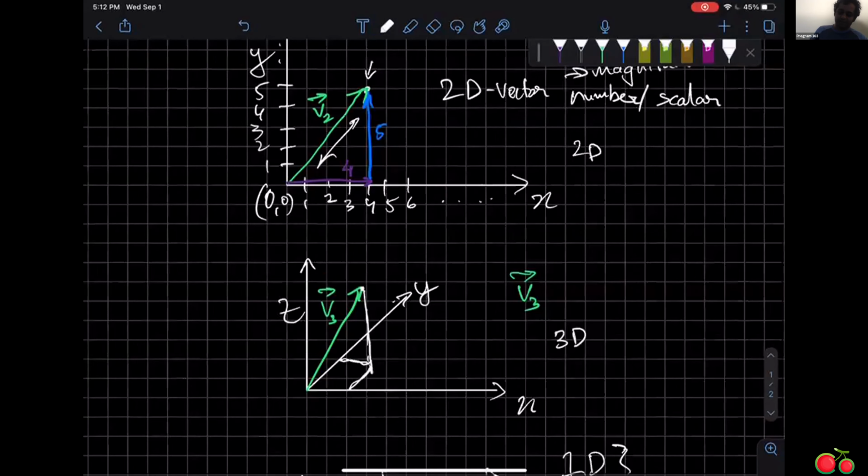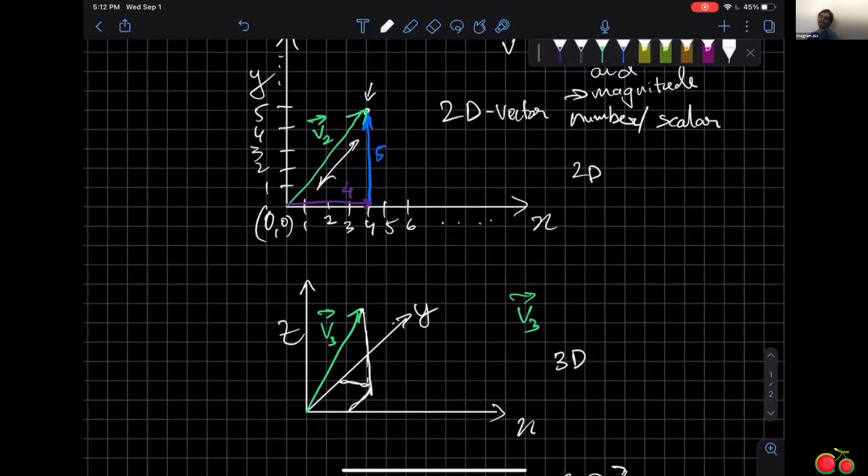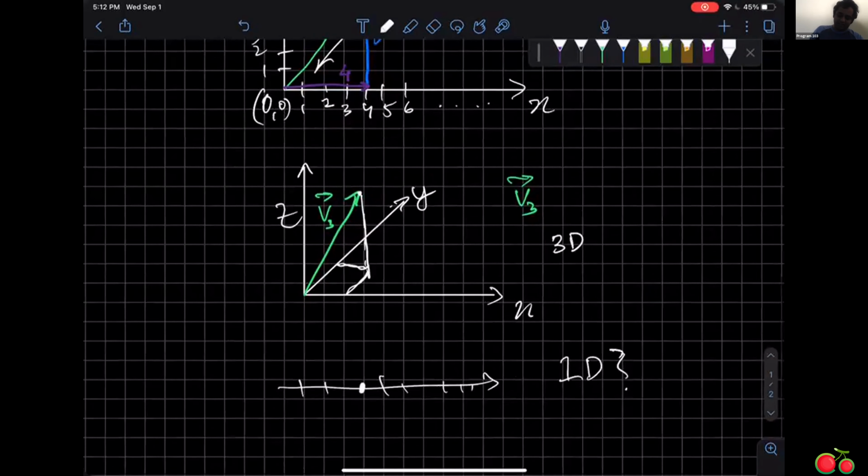Here we were talking about taking steps in the x direction, taking steps in the y direction. So the answer is that in 1 dimension you have the notion of taking steps in one direction or the other. You are either taking steps to the right or taking steps to the left.